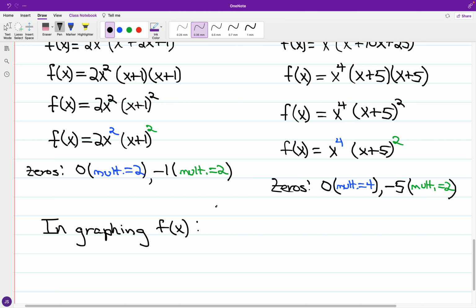First of all, in graphing, f of x will cross the x-axis at zeros of odd multiplicity.